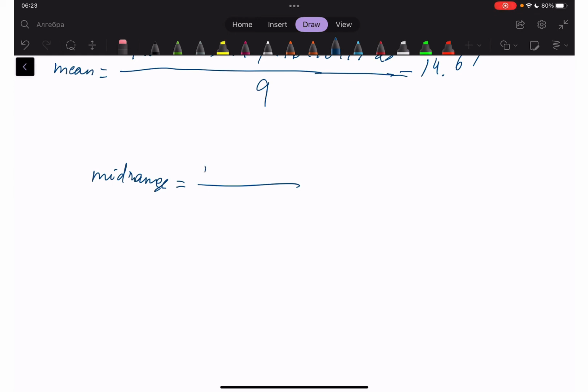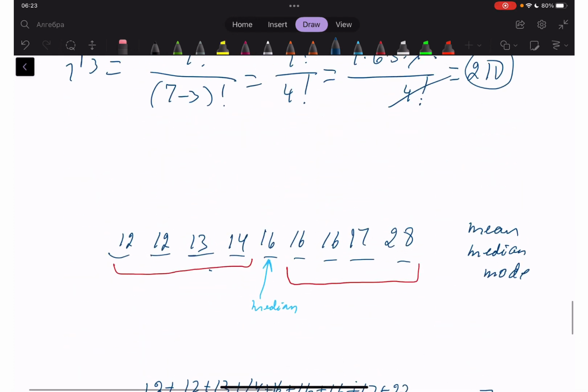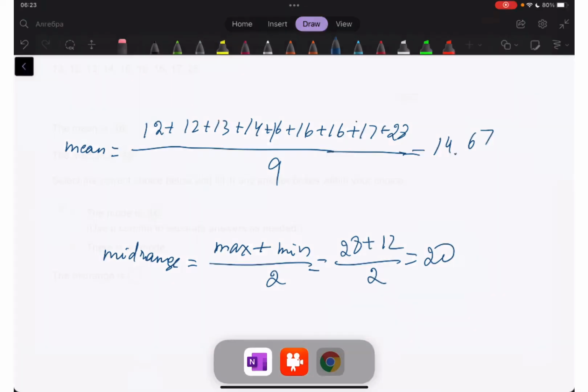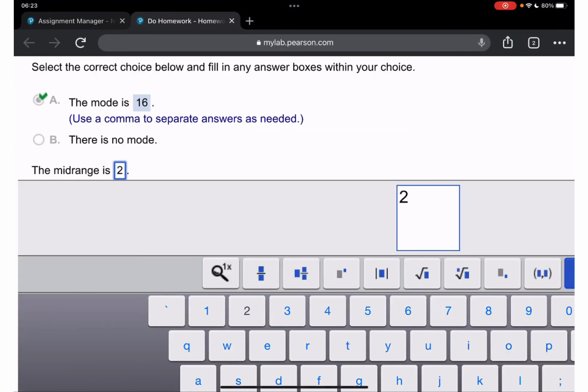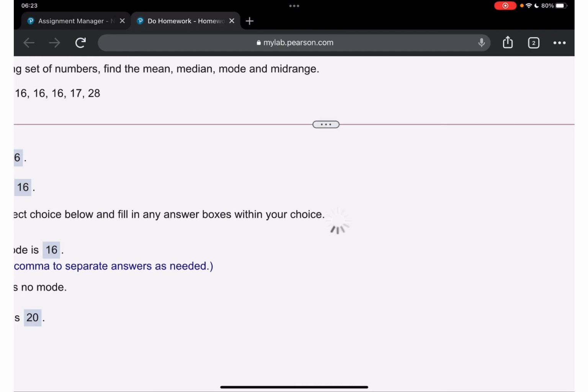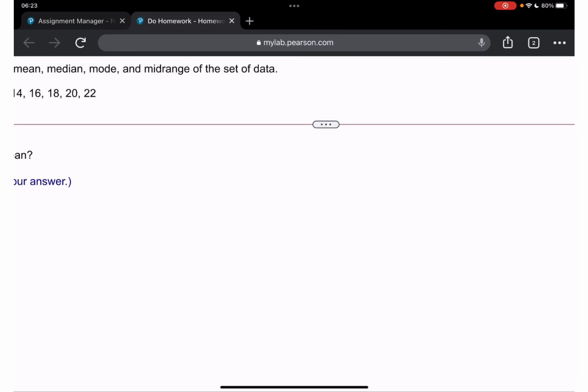Upper level meaning max, plus minimum, divided by 2. How much is my max? 28 and 12 is the minimum. 28 plus 12 is going to be 40, divided by 2, it's going to be 20. Fantastic. So moving to the last question.